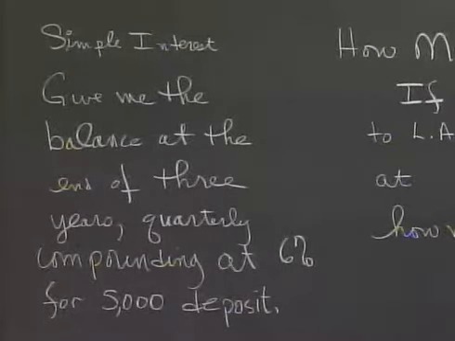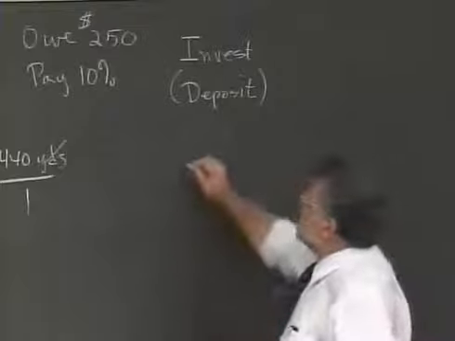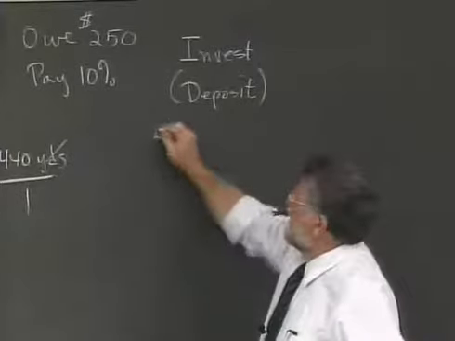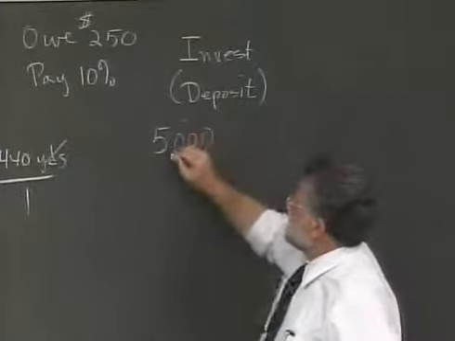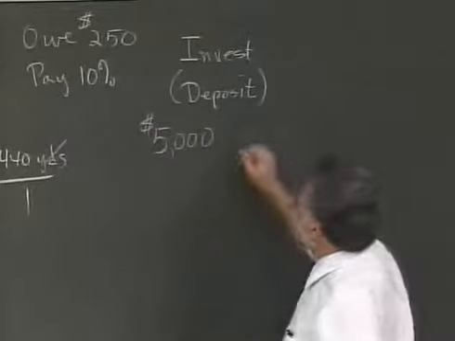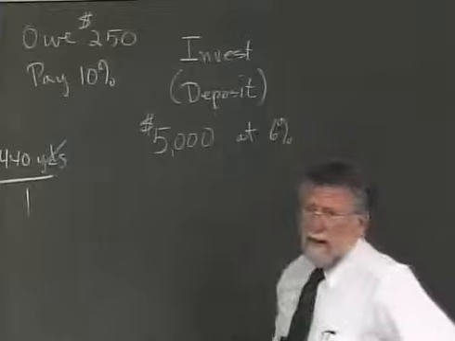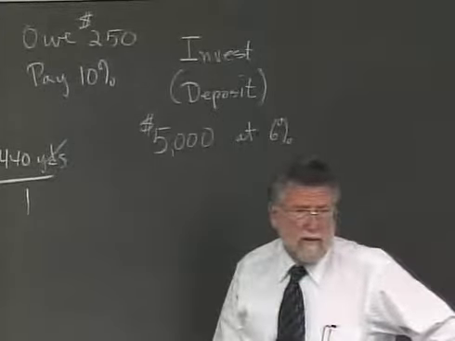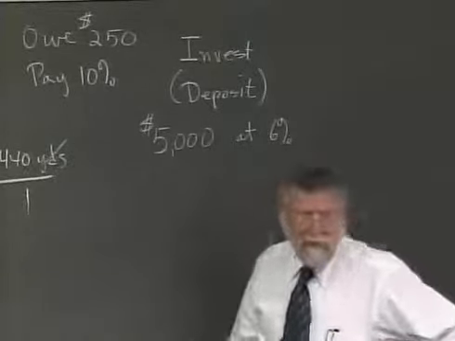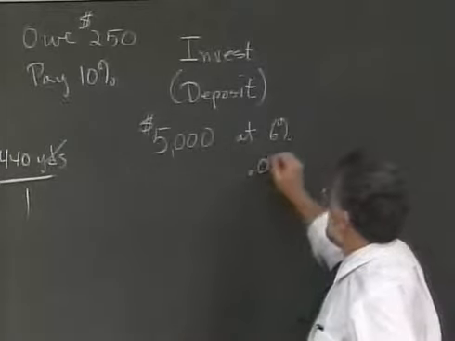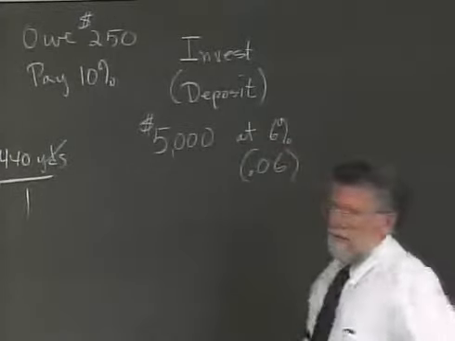We're going to deposit $5,000 again at 6% interest. By the way, what is 6% as a decimal? 0.06. So we've got to remember that.